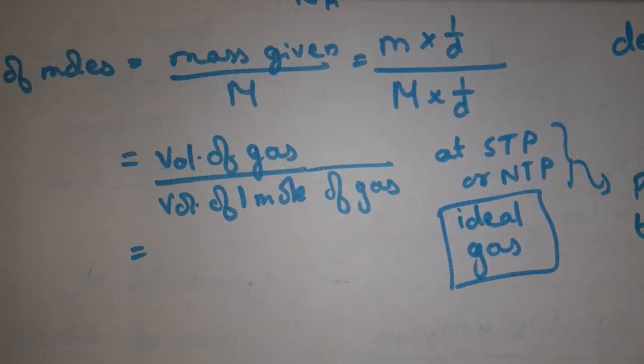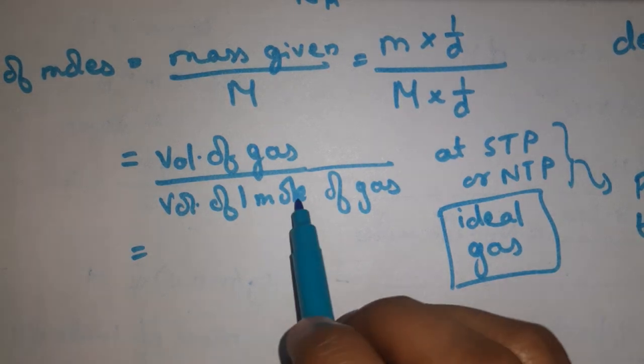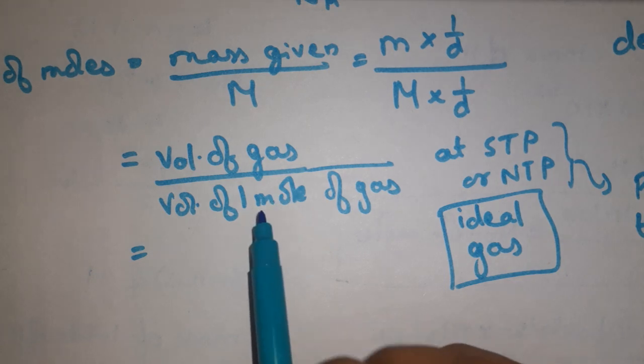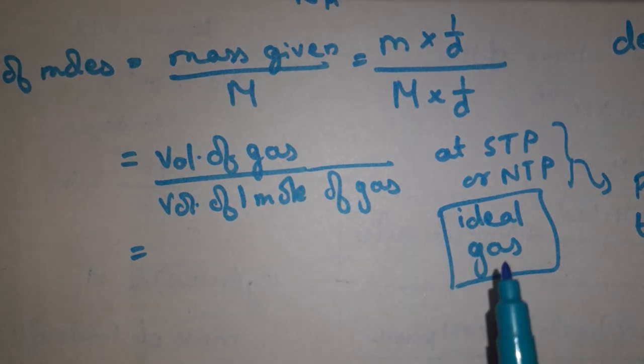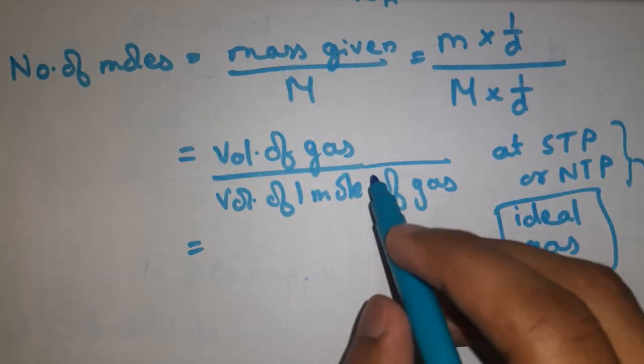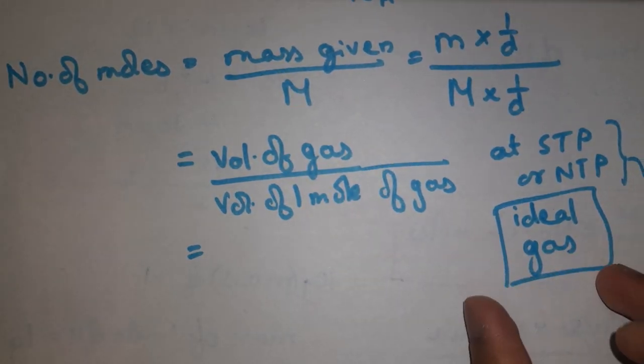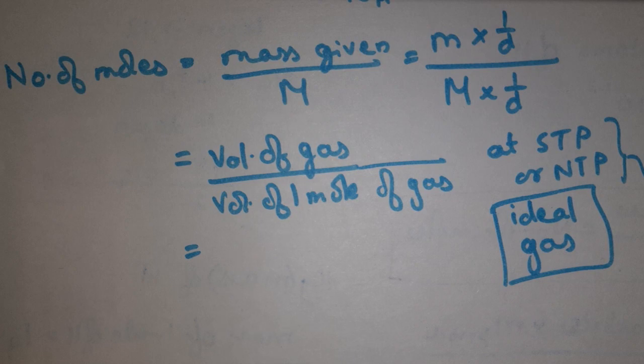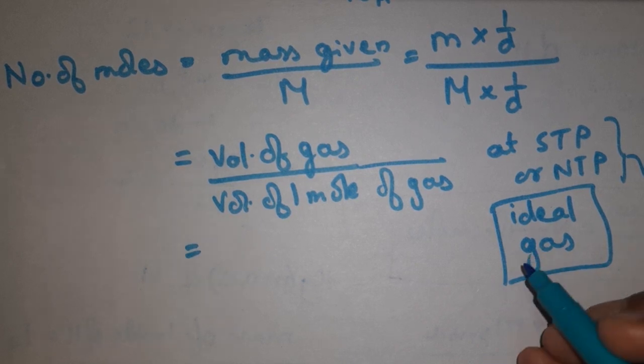There are a set of rules which make it ideal, like the gas molecules are perfectly spherical. We will learn about this in the gaseous state chapter, I think. Don't worry about it, but just know that this formula can be used only for ideal gases at STP or NTP. And I can explain a bit about why this formula is only used for gases, but the ideal gas topic will be a long time away in your syllabus, I think 3 or 4 chapters next.